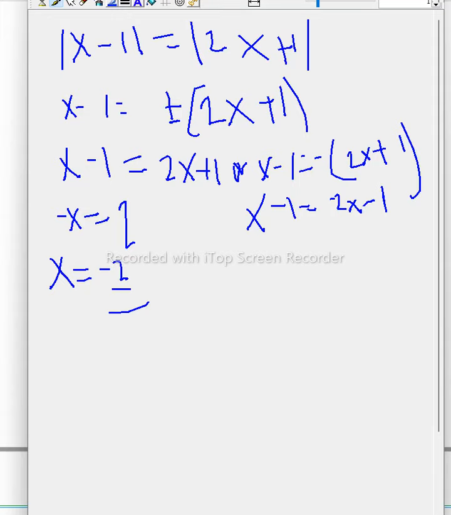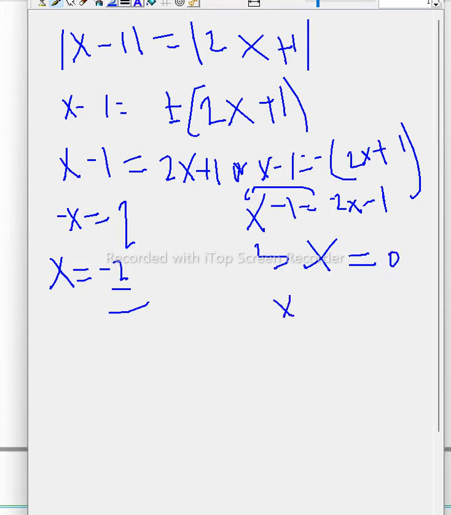When it moves to the left side of the equal sign, it becomes the opposite sign, which is plus. So we have 3x. 3x is equal to, when we bring this to here, minus 1 plus 1, which is equal to 0.